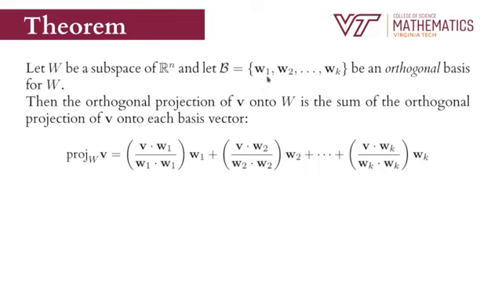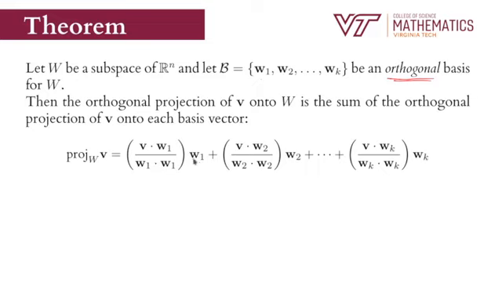If we have a basis for W, and it's an orthogonal basis, and we defined that in 6.1, it means that not only is it a basis, but the vectors are orthogonal to each other. Then the orthogonal projection of V onto the subspace is the sum of the orthogonal projection onto each of the basis vectors.